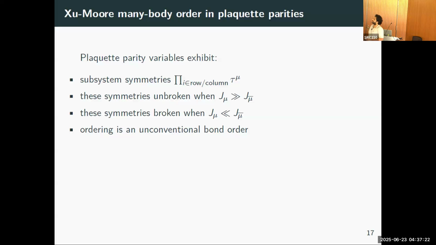These are subsystem symmetries. They can be unbroken when one of the couplings dominates, and they can break when the 4 tau coupling dominates. The ordering is an unconventional form of bond order. You can look up the details in that paper, or I can tell you after the talk.